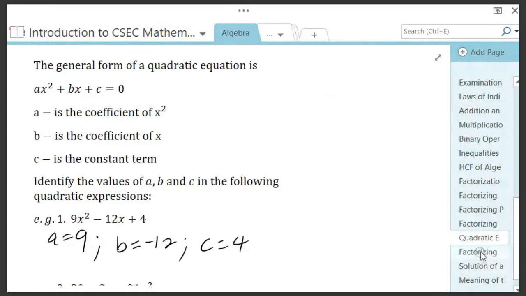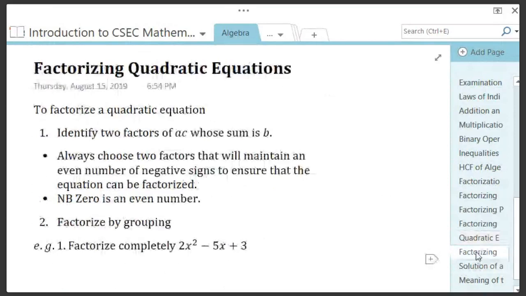We'll be looking here now at factorizing quadratic equations. All right, so when you do this, many teachers will teach you either some different cases of factorizing quadratic equations, or they may show you a method that involves some level of trial and error. I created my own rules.